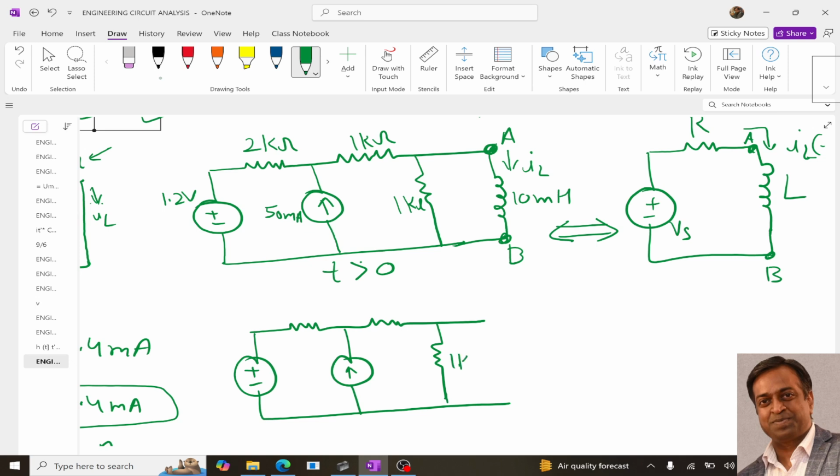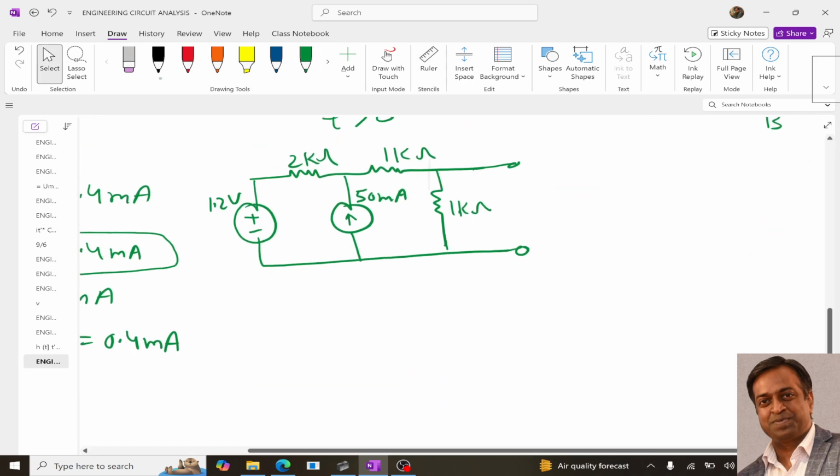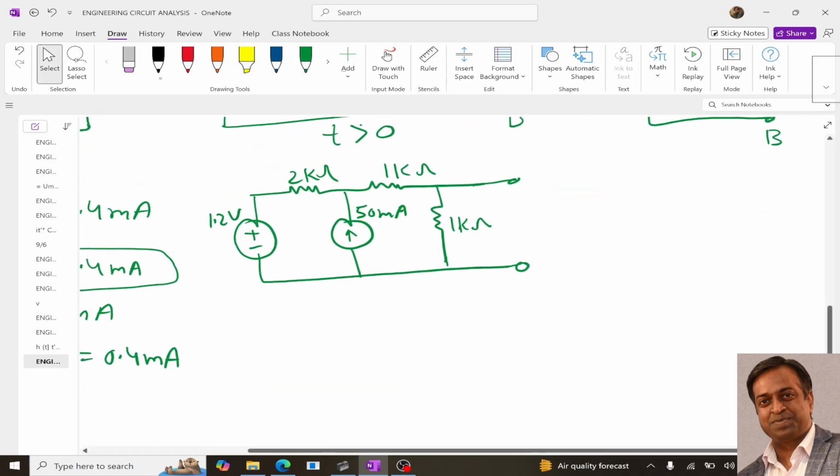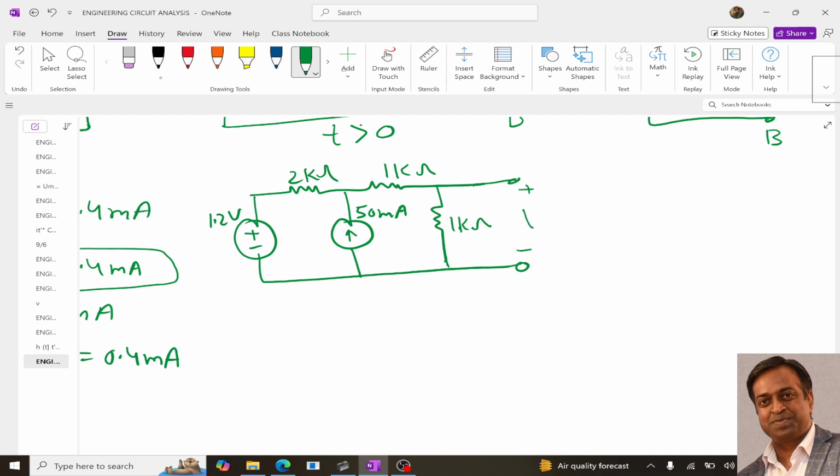It is 1 kilo ohm, 1 kilo ohm, 2 kilo ohm, this is 1.2 volt, it is 50 milliampere, and this is open. So this is the circuit for which we need to determine the Thevenin voltage and the Thevenin resistance.